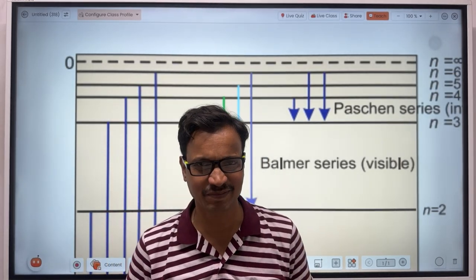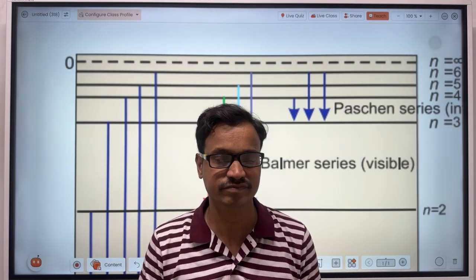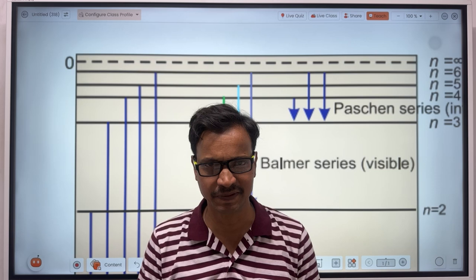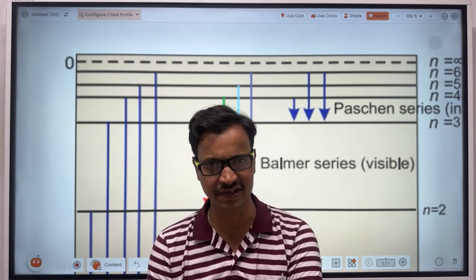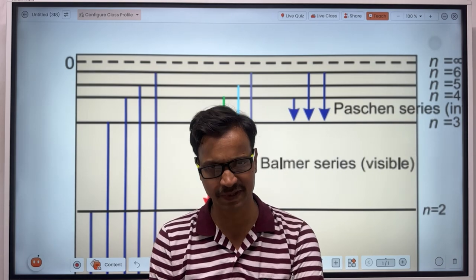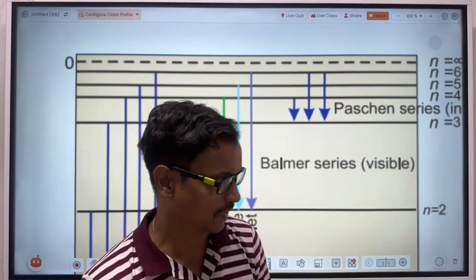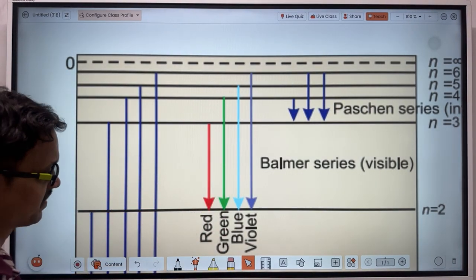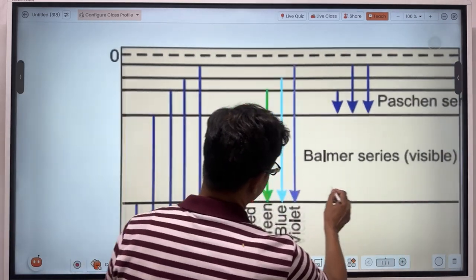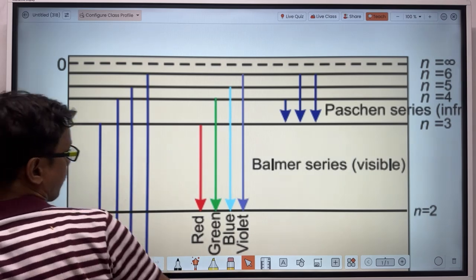The energy compared to that of Lyman series will be less. The energy of the ultraviolet region is large, and that of the visible region is less compared to the ultraviolet region. So the radiation under the Balmer series comes under the visible region.